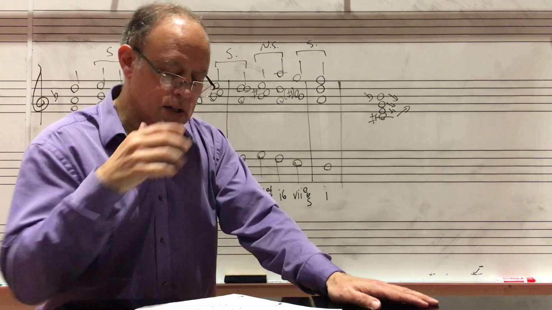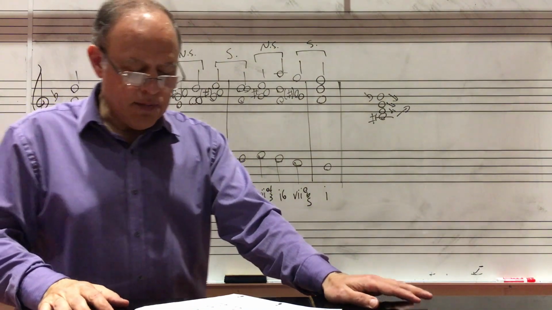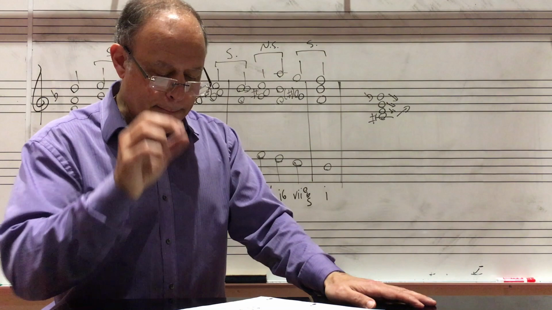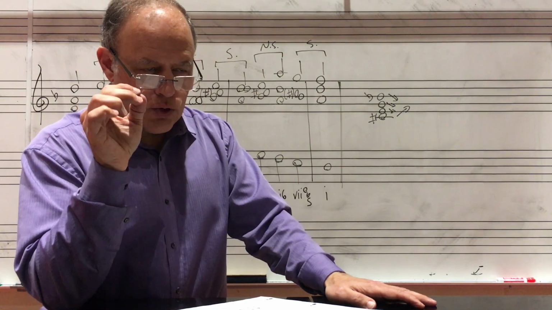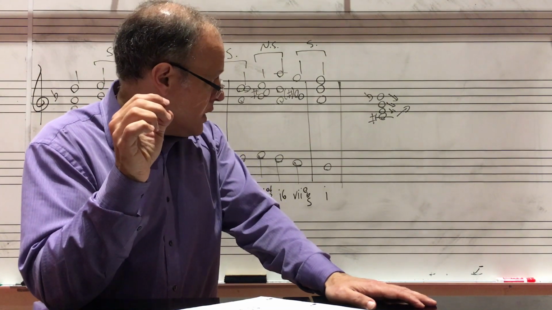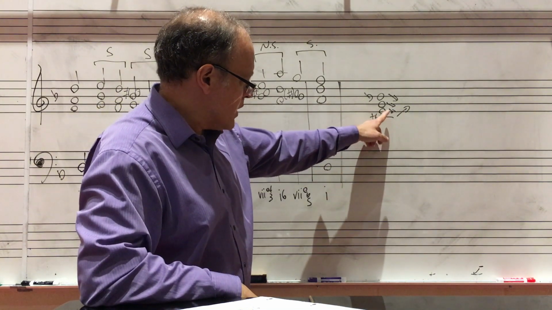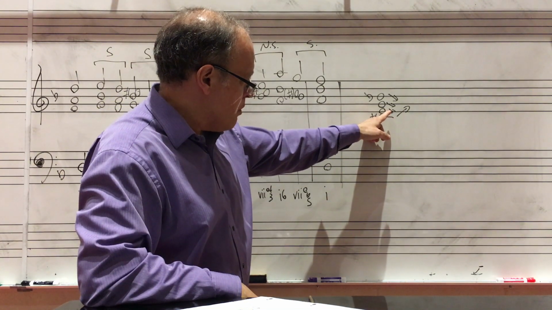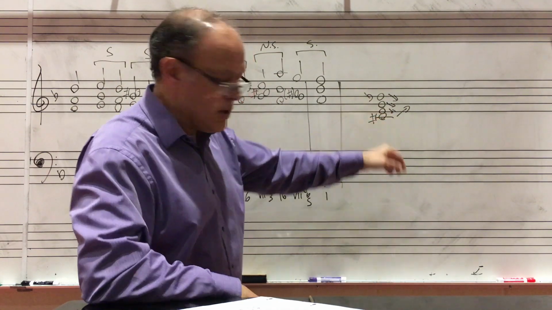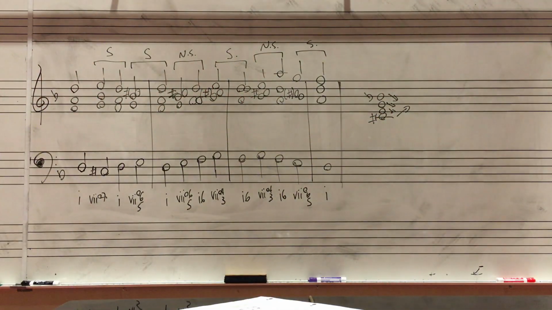Now, of course, what this is doing is emphasizing the fact that the diminished seventh is quite special. It's a perfectly symmetrical sonority. So wherever I am, the next chord element is just a minor third, or 3 semitones, up from the last one.